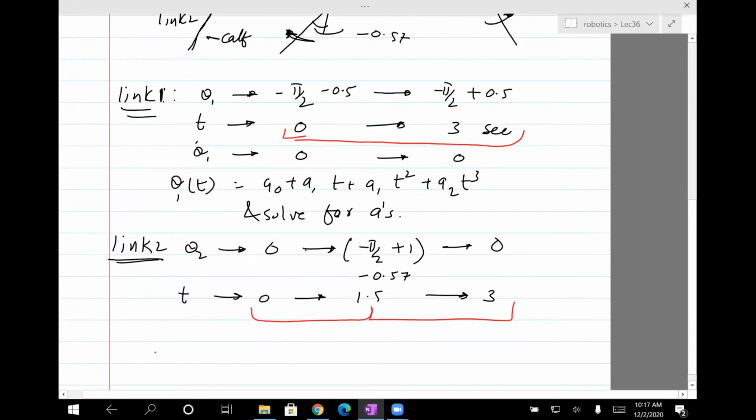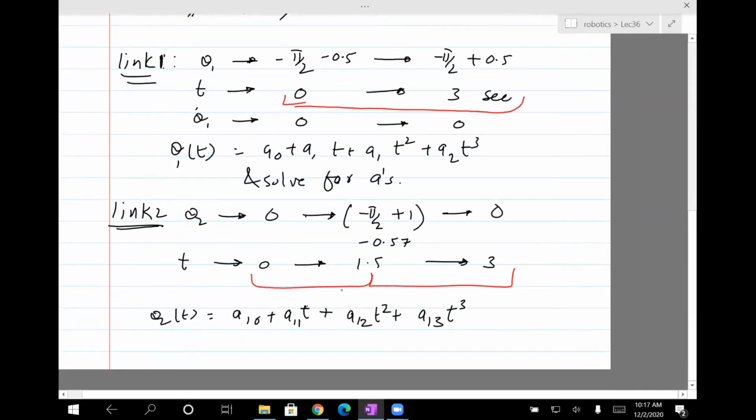So for theta 2, we will have two such polynomials: a10 plus a11 t plus a12 t square plus a13 t cube for the first part, with t from 0 to 1.5.